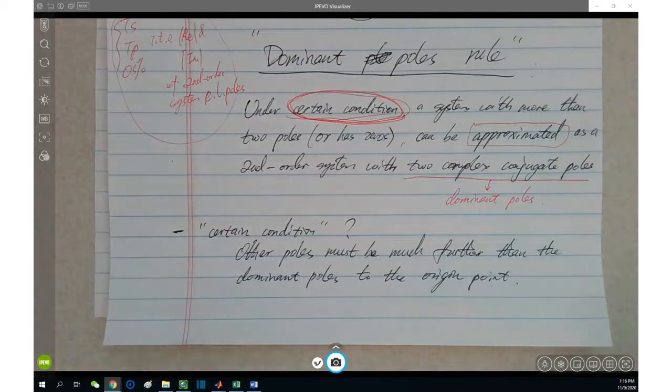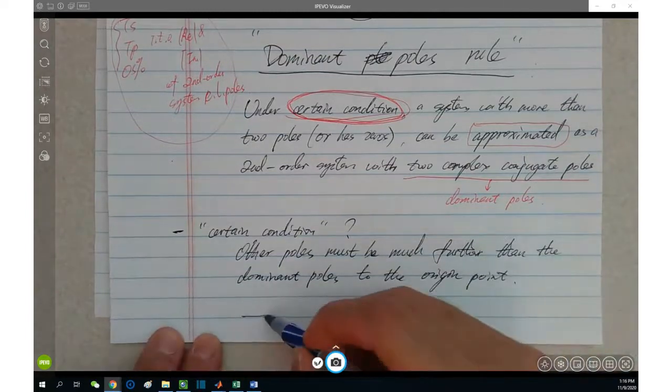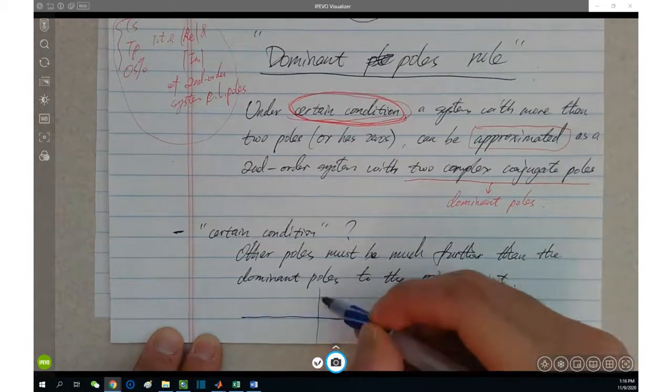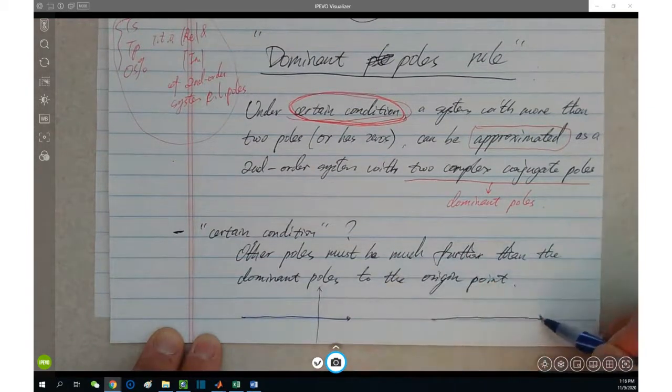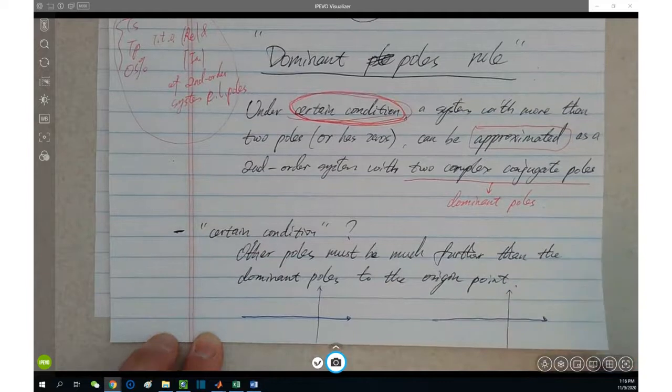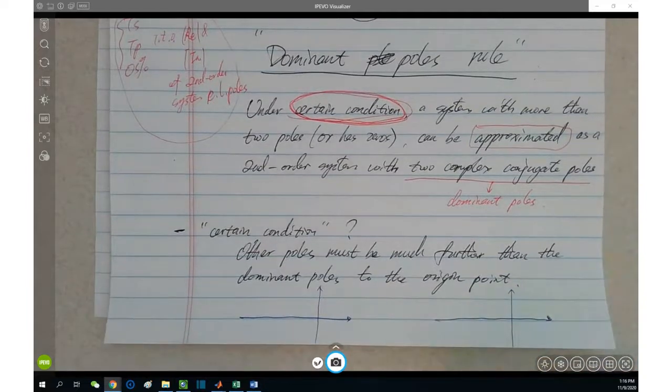This is the description, but let's be real. What does this mean? I'm giving you two examples. You can tell one of them is something we are able to approximate to a second order system. The other one is not.